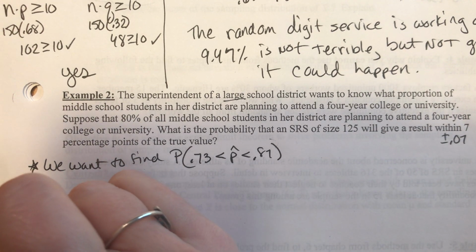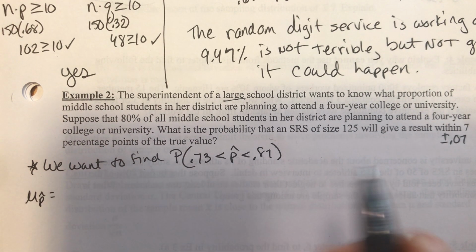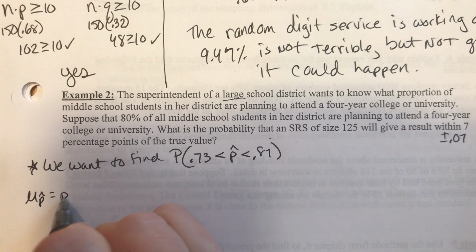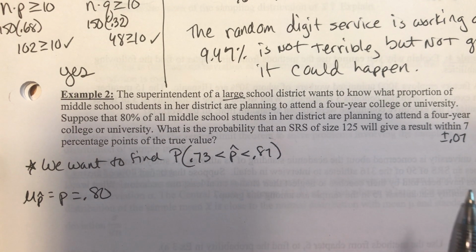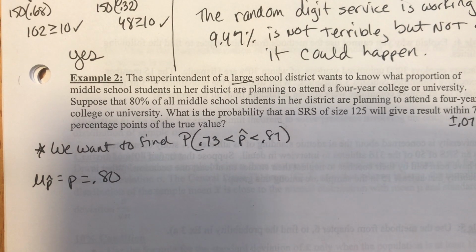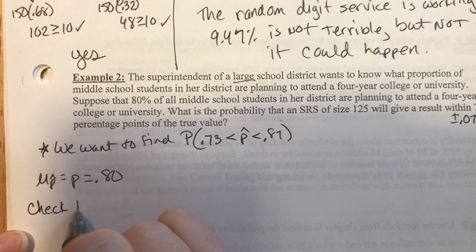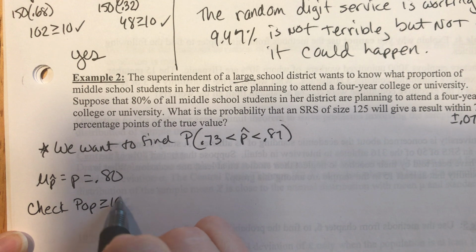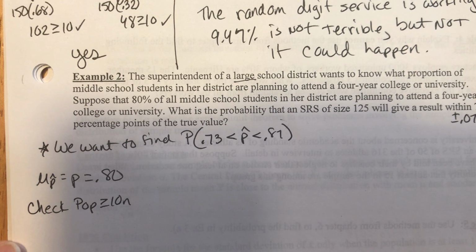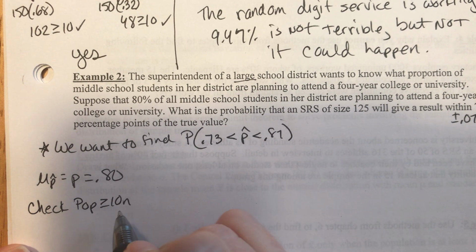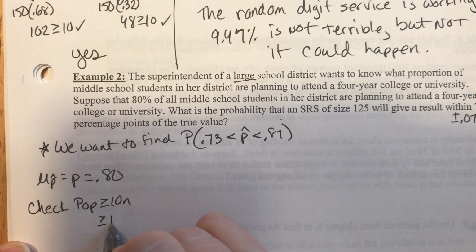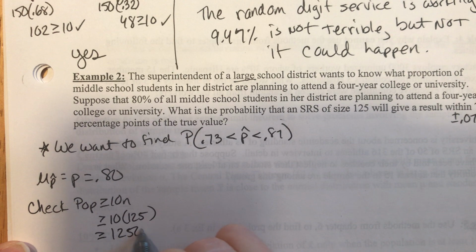We know that the mean of our sampling distribution is equal to P, so that should be 0.80. We need to check, is our population at least 10 times our sample size in order to use our standard deviation. So is our population at least 1,250 students?